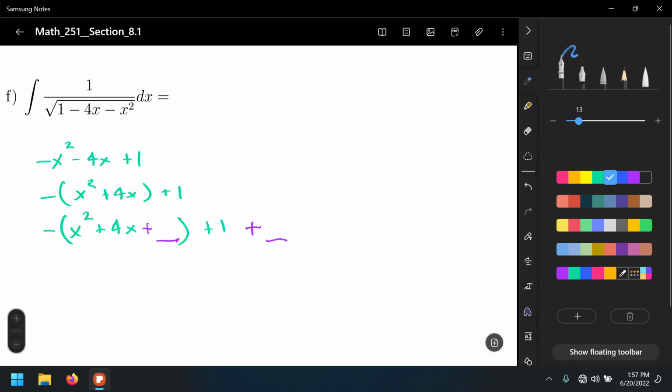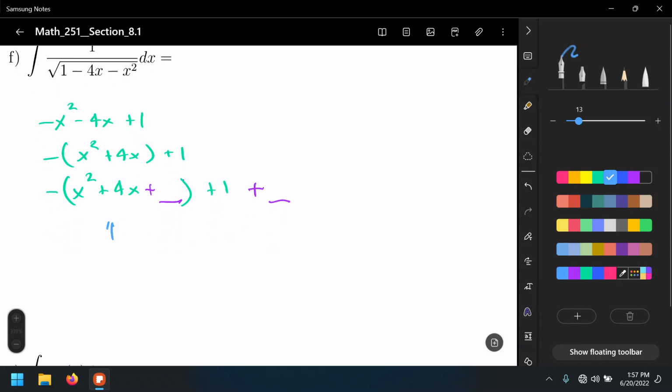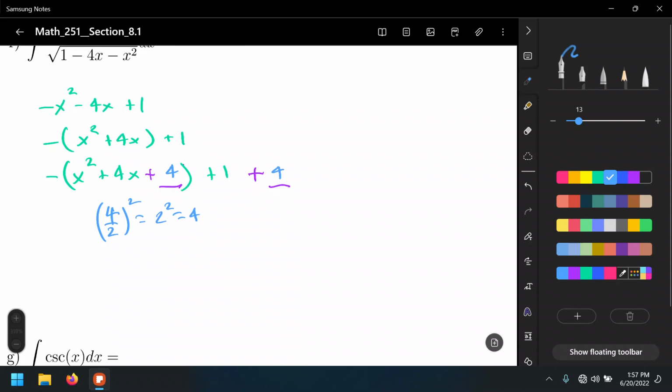So let's see, what will that magical number be? So 4 over 2 quantity squared, which is 2 squared, which is 4. That expression inside of parentheses, x squared plus 4x plus 4, right at the moment you add that magical number, turns into a perfect square trinomial that can be factored the following way.